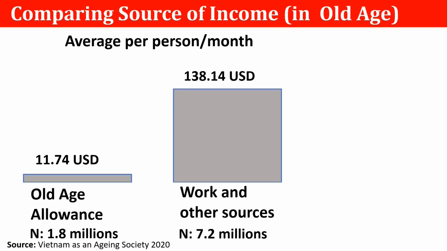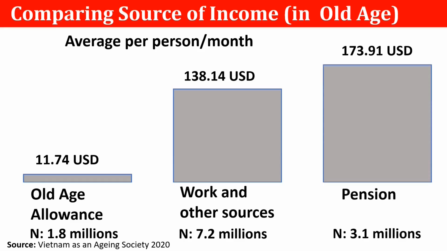The average monthly income was around $138, which covers around 7.2 million older people. The third source of income is contributory pension, which on average is around $170 per month and benefits around 3.1 million retirees. Just to note, in Vietnam, 1 month of working in old age is equal to 12 months of old age allowance.